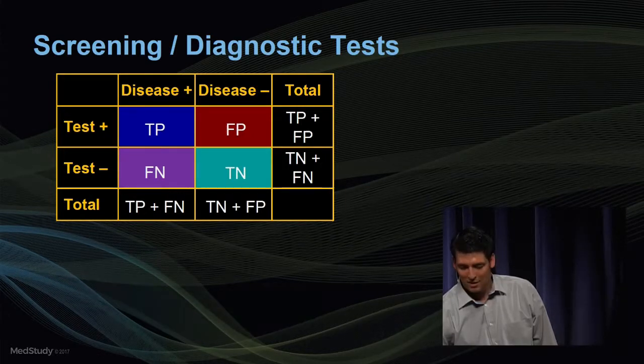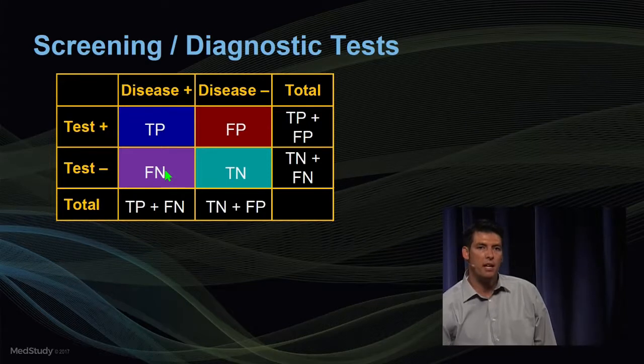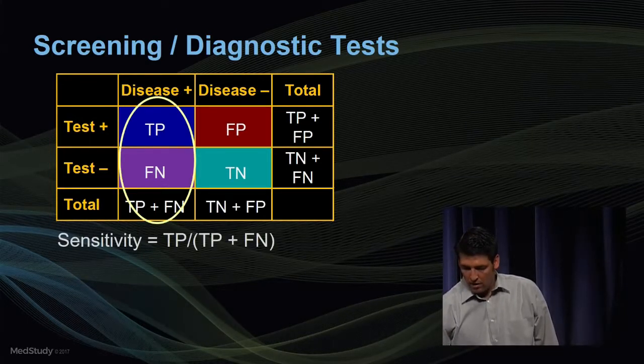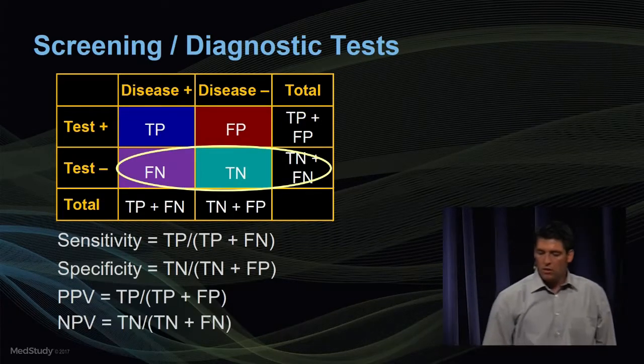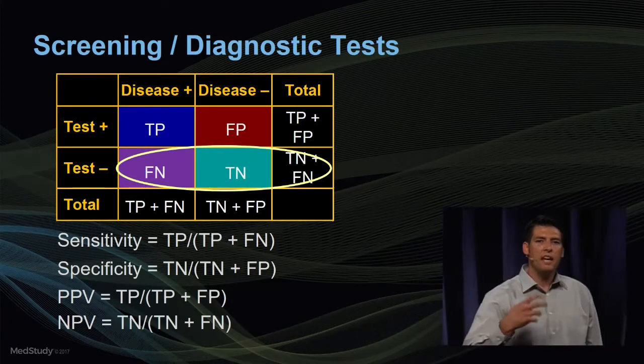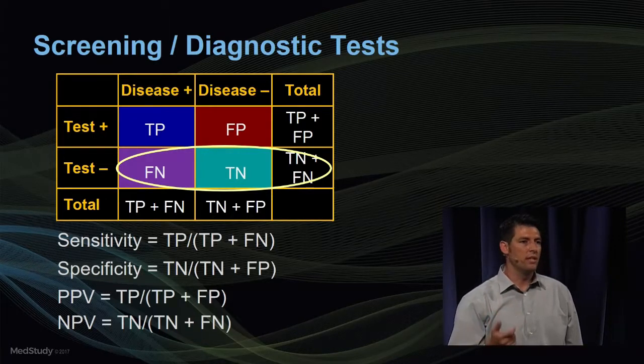And if I look at this test negative row and take the true negatives divided by the true negatives plus the false negatives, that gives me my negative predictive value. So looking at these formulas makes digesting that information from a table very easy.